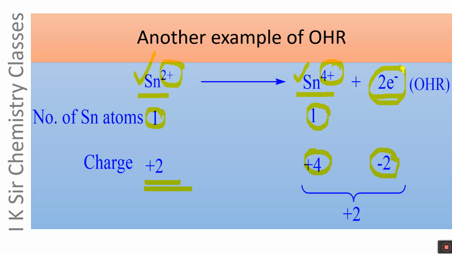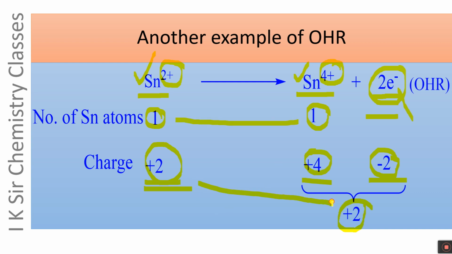Please note that the charge on 1 electron is minus 1 and hence the charge on 2 electrons will be minus 2. Plus 4 and minus 2, overall charge is plus 2 on the right hand side and on the left hand side the charge is also plus 2. Therefore, this oxidation half reaction is balanced with respect to atoms as well as charge.